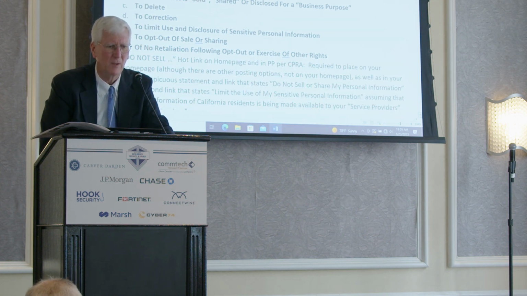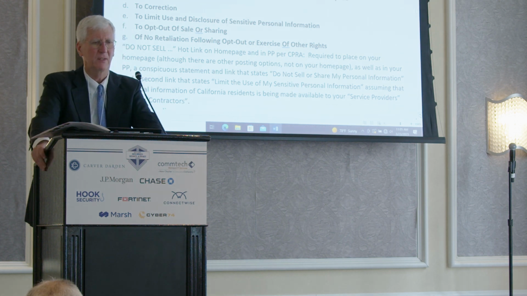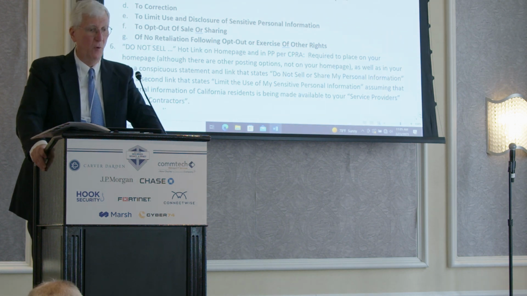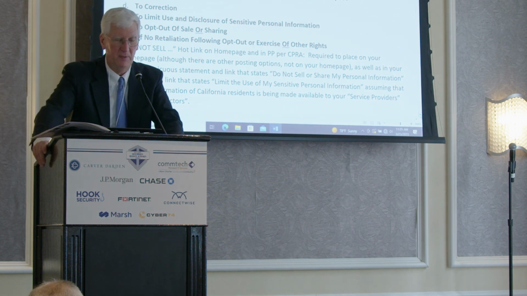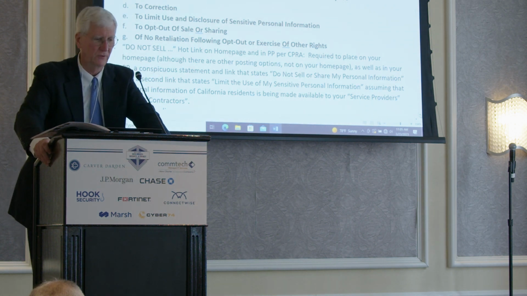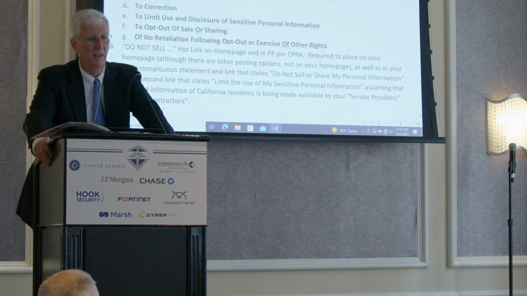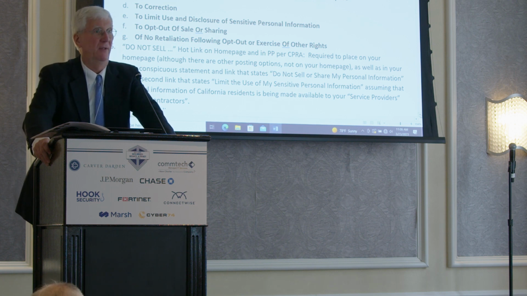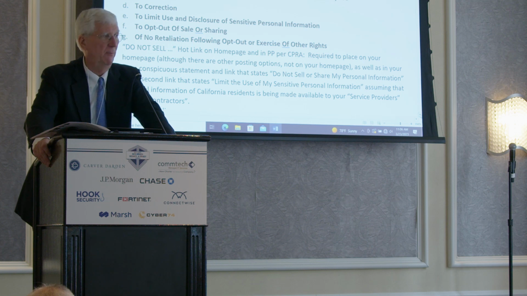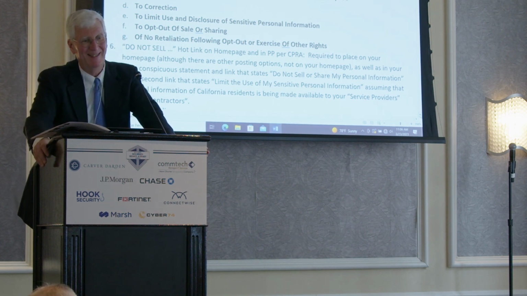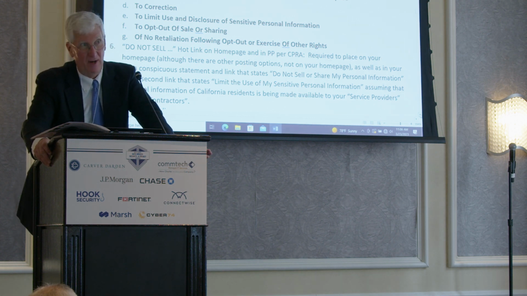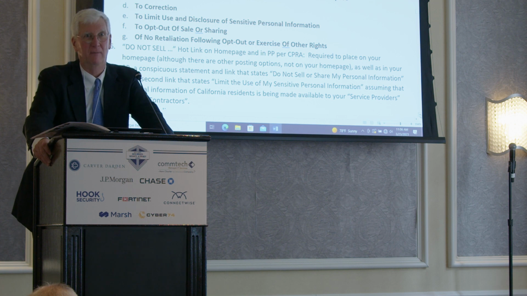All right, and I mentioned this in the session this morning, this is just the CPRA, but the GDPR looks somewhat similar. So in your privacy policy, at least if you're operating for California compliance purposes, you need to tell the person who's reading the privacy policy their rights under California law.